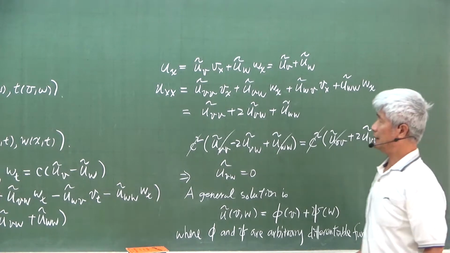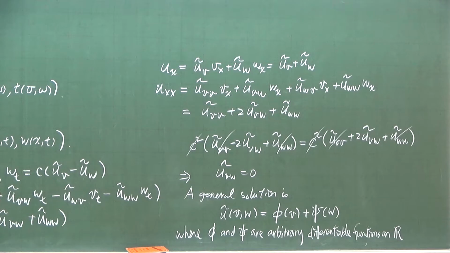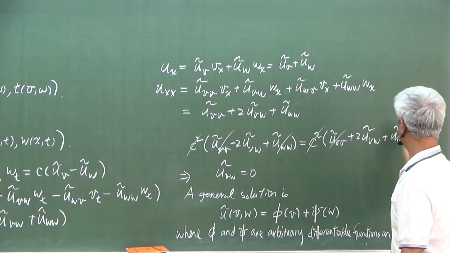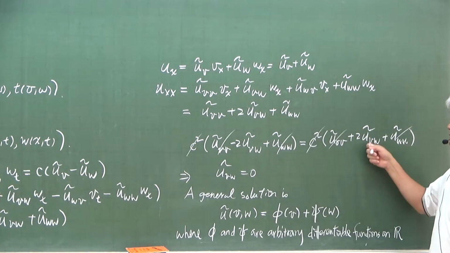Right. And the reason why we select these coordinates, actually a mathematician discovered this transformation. Okay? And found out that if we select such a coordinate transformation, when we do the same thing up here, we can cancel all the second order partial derivatives except the mixed type.